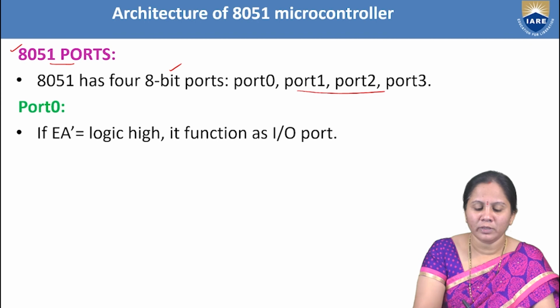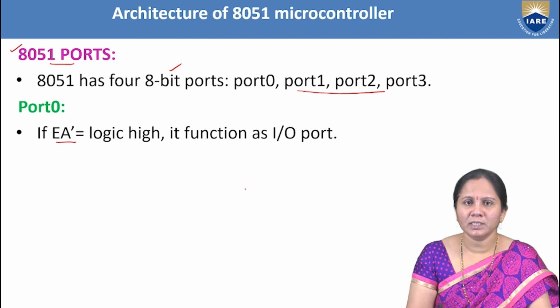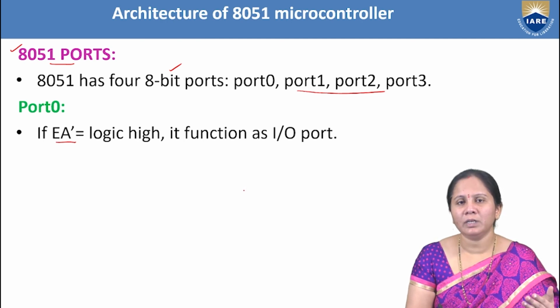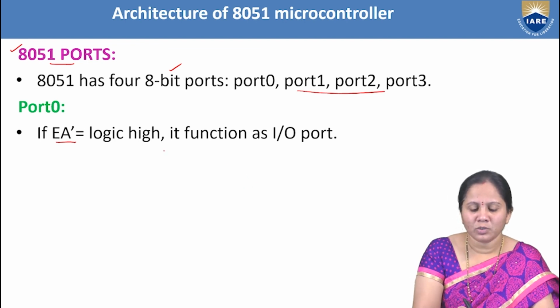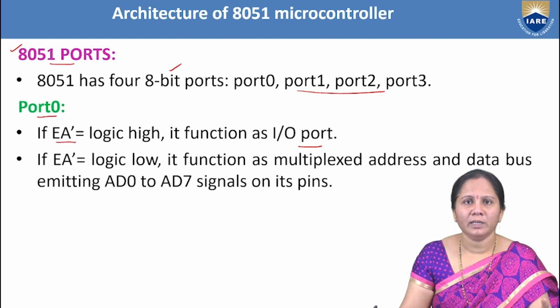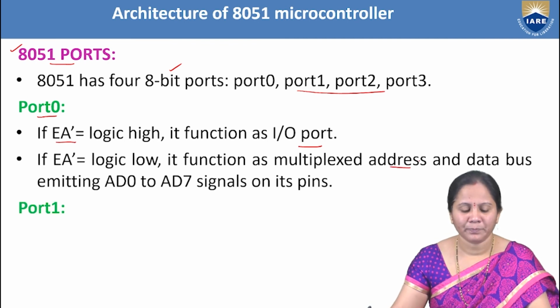For port 0, the EA bar signal, which means external access, decides whether it acts as port pins or as address and data lines. If the EA bar signal is logic high, it functions as an IO port. If the external access signal is active low, it functions as multiplexed address and data lines.